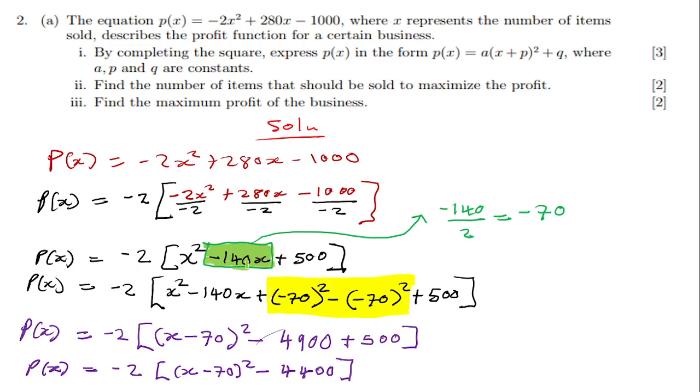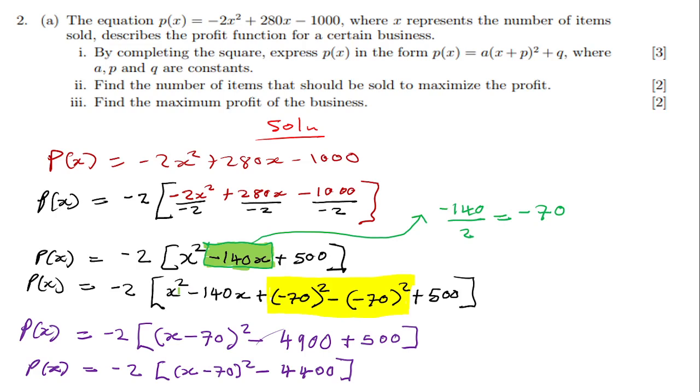But still, why did we include the same 140 again in the second equation down there? Why did we have to add it there as well? x squared minus 140x plus negative 70 squared is the same as that part.